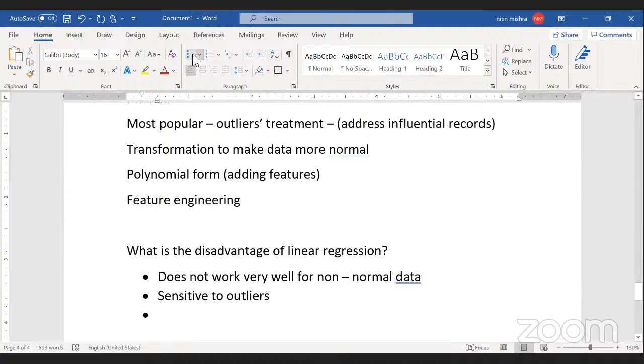Sensitive to outliers. Tends to go extremes. All right, tends to go extremes of overfit and underfit. All right, so these are some. There are a lot more disadvantages.